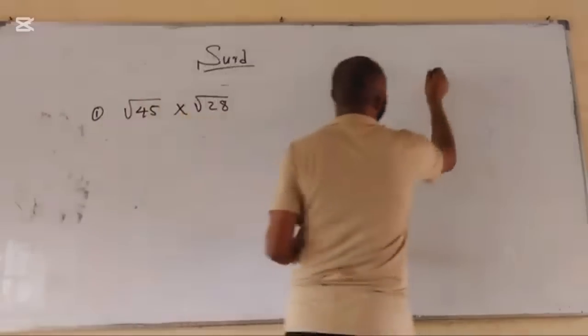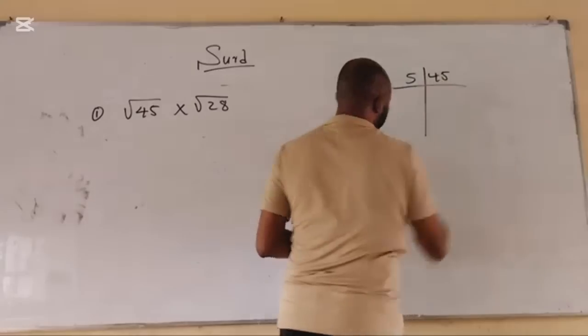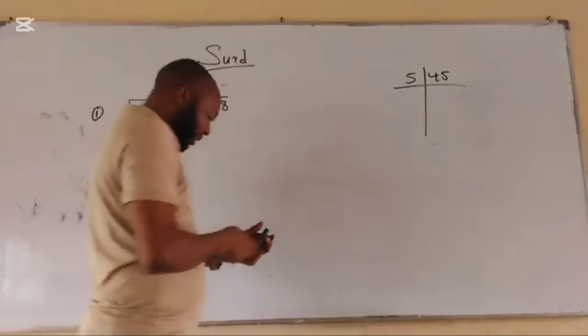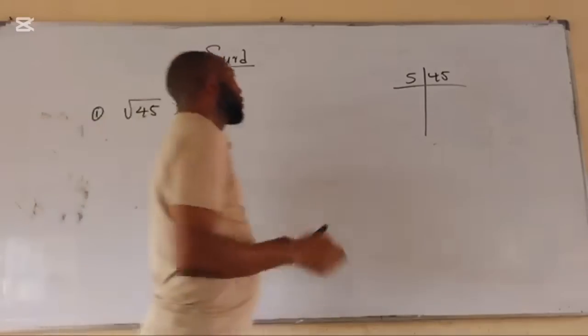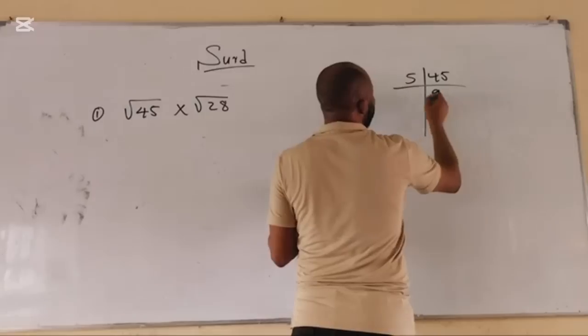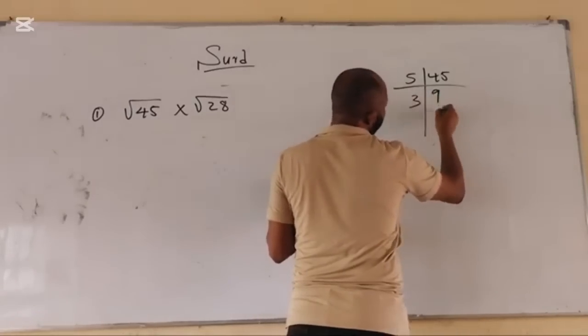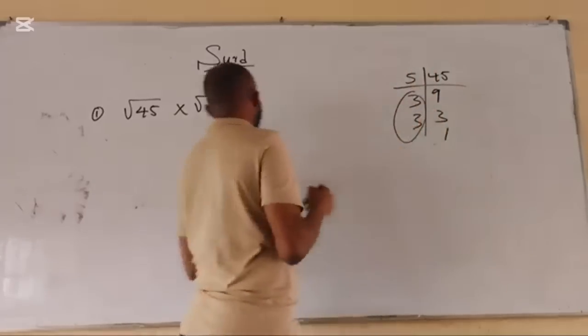What do we do then? We have our 45 here. 45 divided by 5 is 9. So this gives us 9. 3 goes here, gives us 3. 3 goes here, 1. So this is 9 times 5.